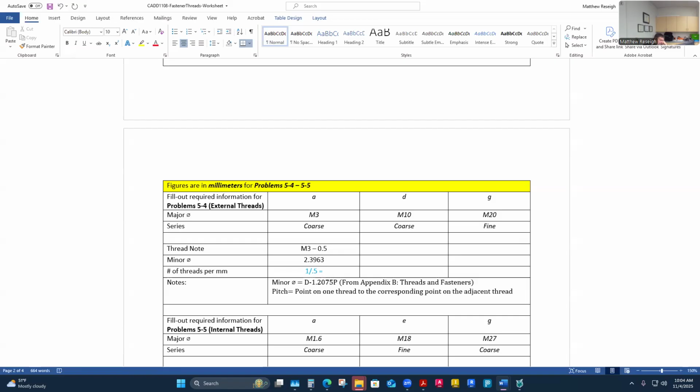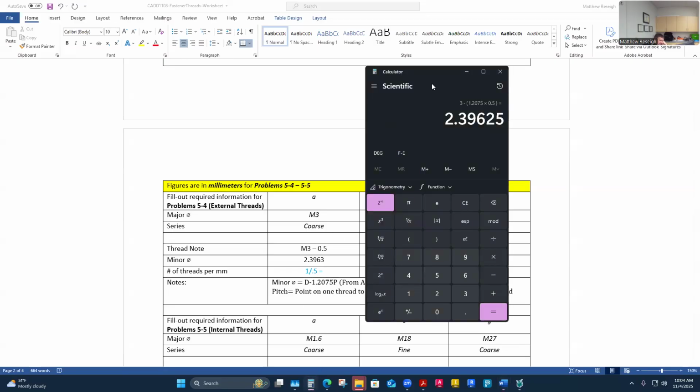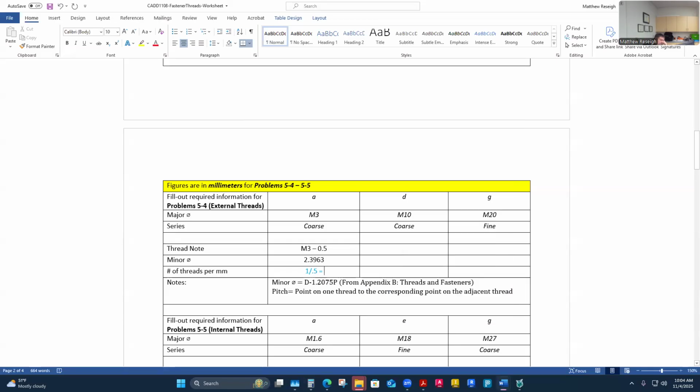So 1 divided by 0.5 is 2. Is that right? Yeah, do it on your calculator. 1 divided by 0.5, yes, 2. So this really has 2 threads per millimeter, which makes sense because they're 0.5 millimeter pitch.